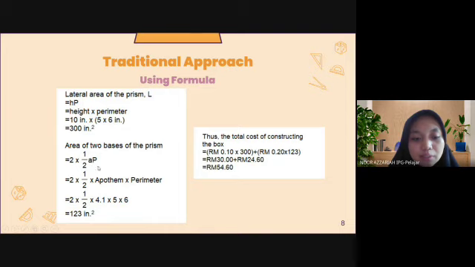A is the apothem and P is the perimeter. So we get the answer, which is 123 inch square. Thus, the total cost of constructing the box is 10 cents times 300 inch square plus 20 cents times 123 inch square. And then we get the answer, which is 54 ringgit 60 cents.